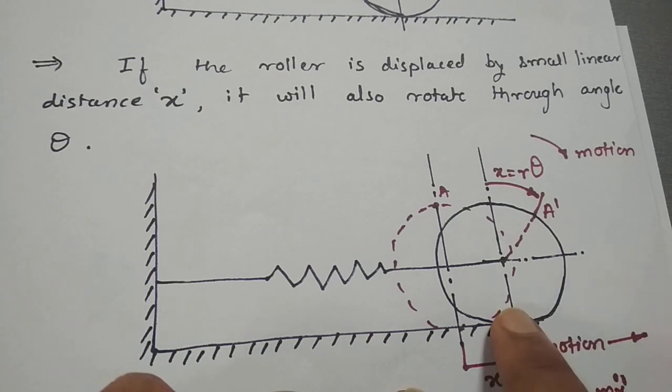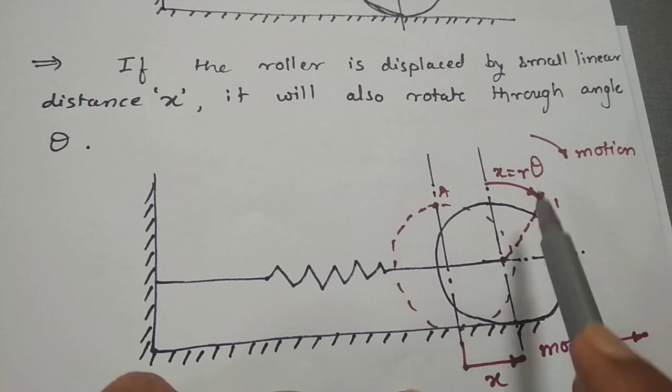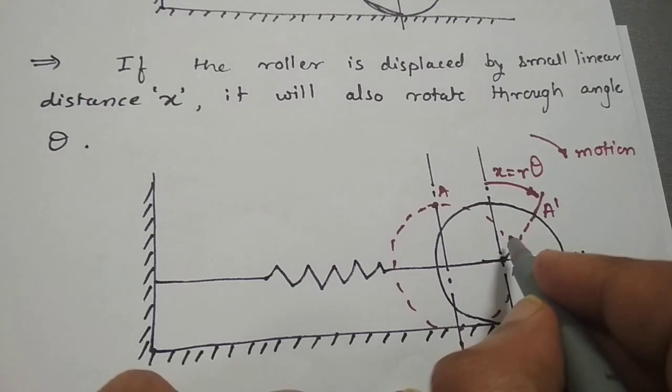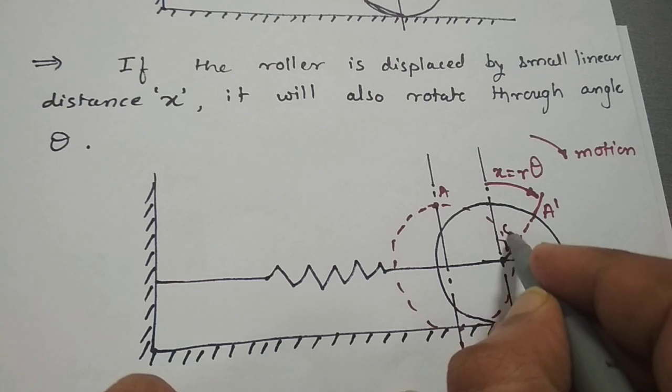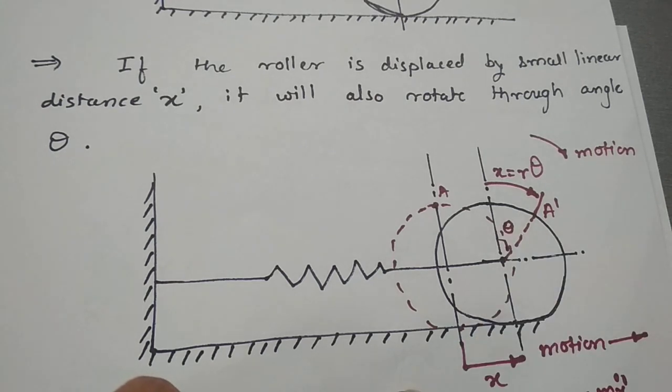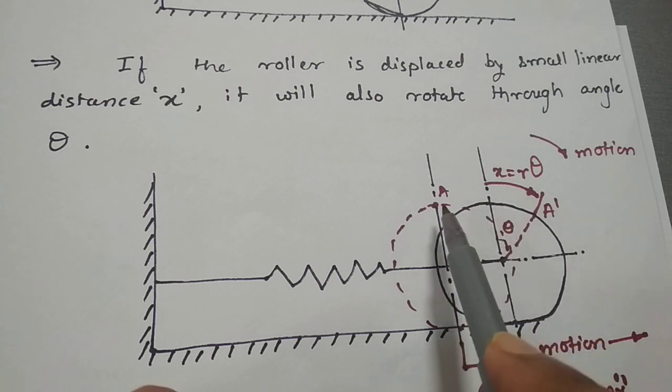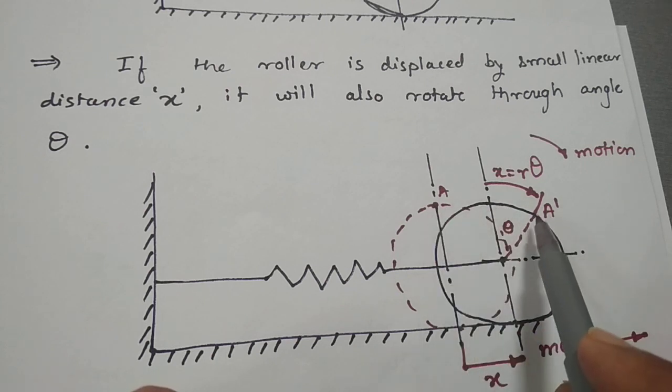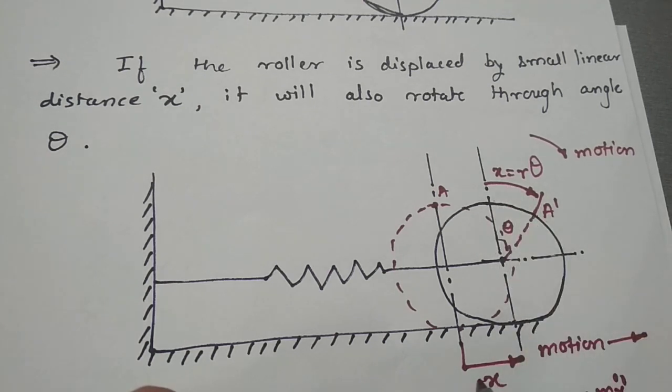At that time the roller will rotate by an angle theta, and this theta angle can be correlated like this. Means from this A to A dash, from this point to this point, the angle is theta and the linear displacement is x.